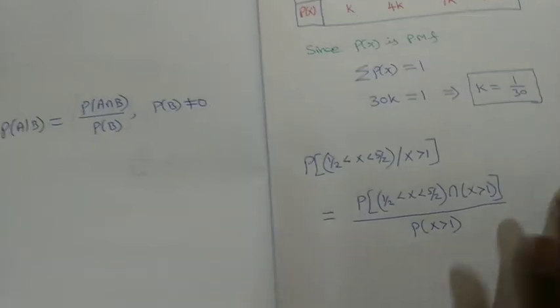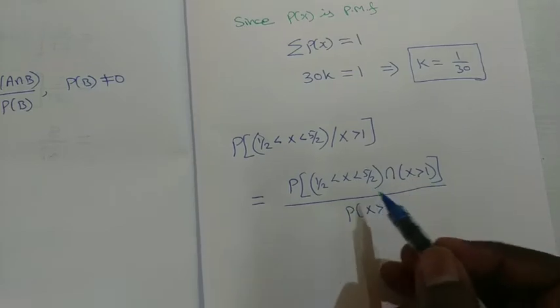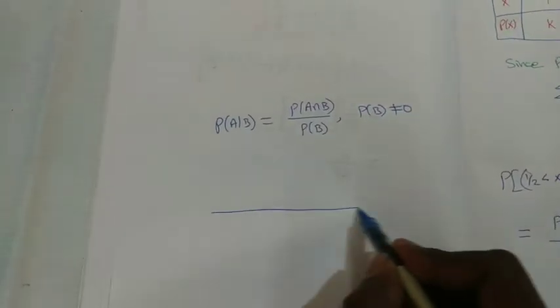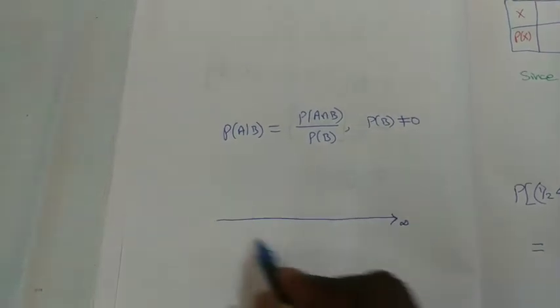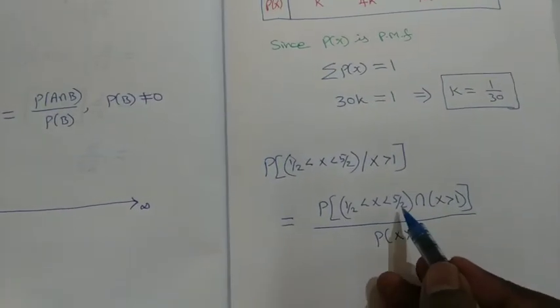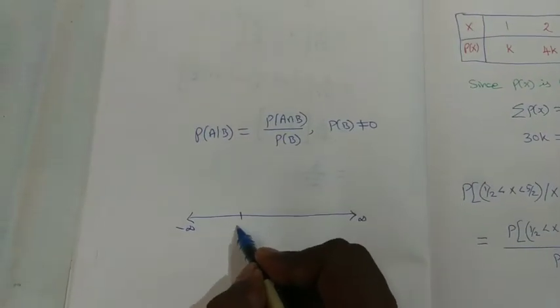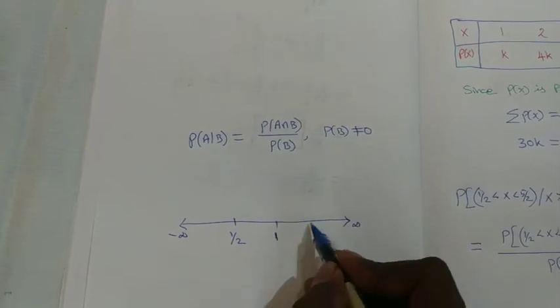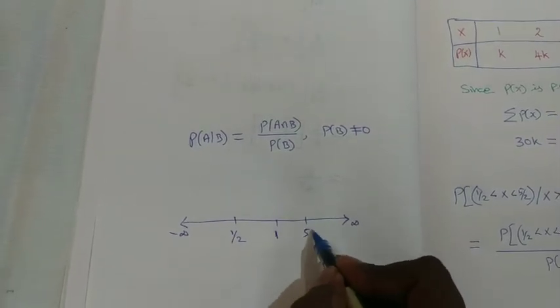Okay, so here to find the intersection of these two ranges, I am going to draw the diagram. So this is the range, plus infinity here, minus infinity here, 1 by 2, 1, 5 by 2. This is 1 by 2, 1 is here, 5 by 2 is 2.5, so here.